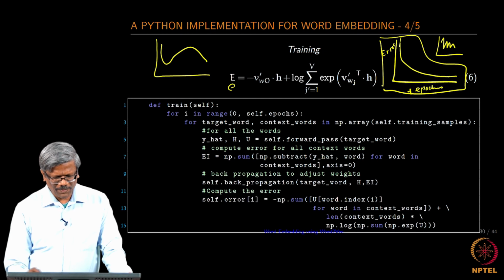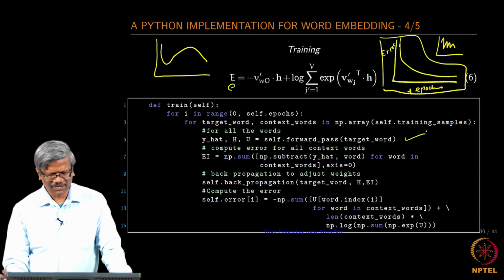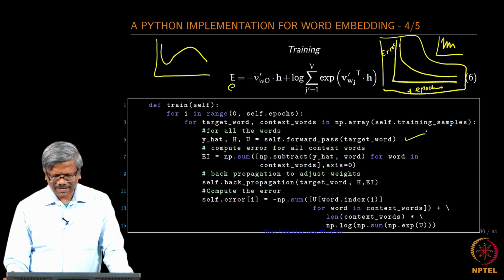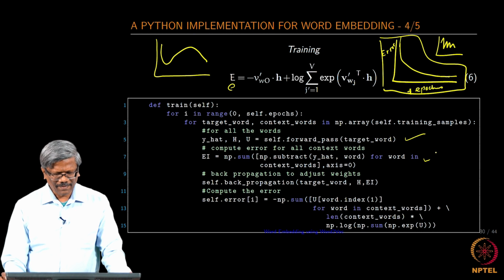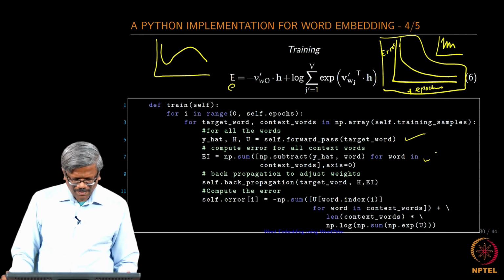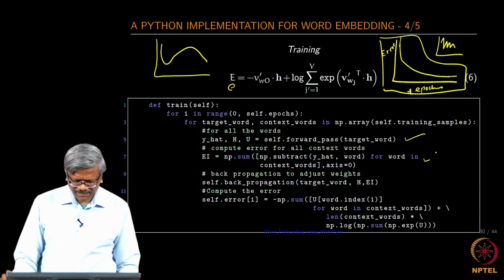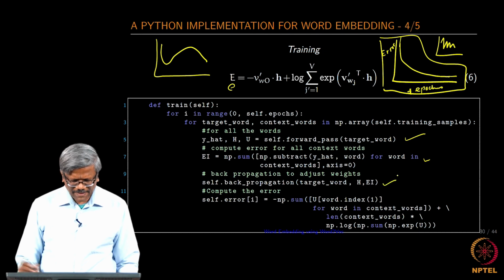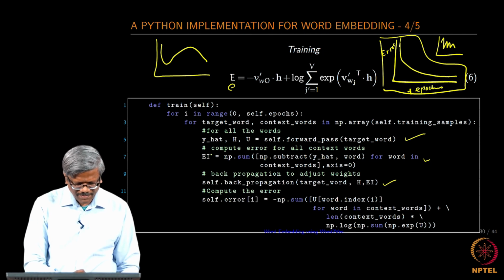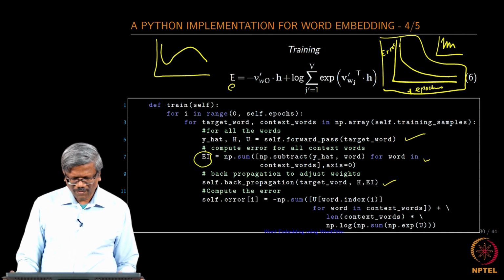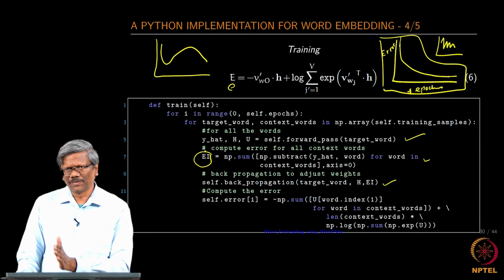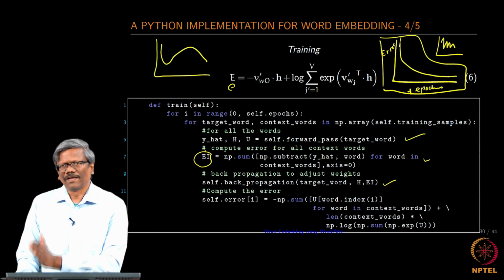So, here what we do is we just do the forward pass as I had shown earlier, and then we keep computing the EI part for every word, and then compute the back propagation. This particular instruction computes the error for every context word.